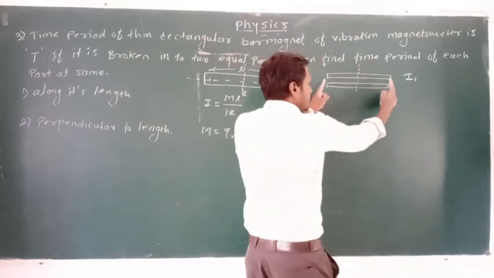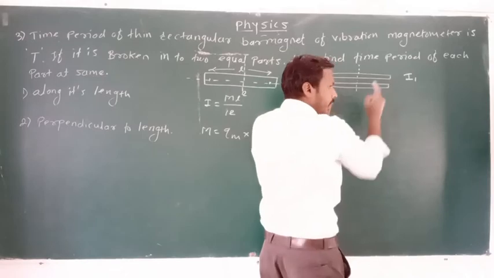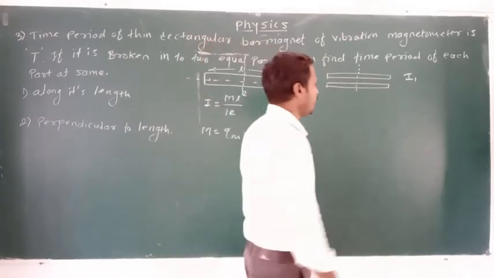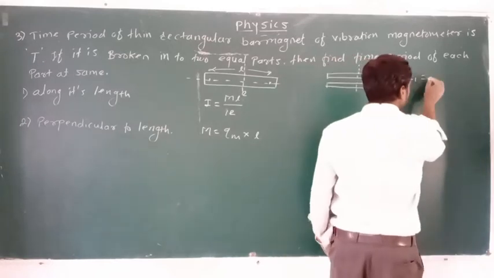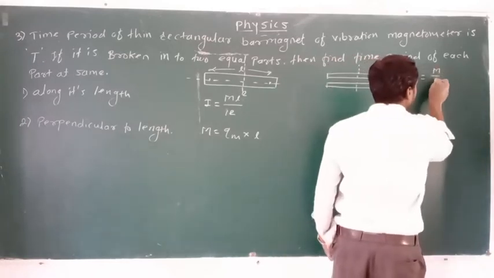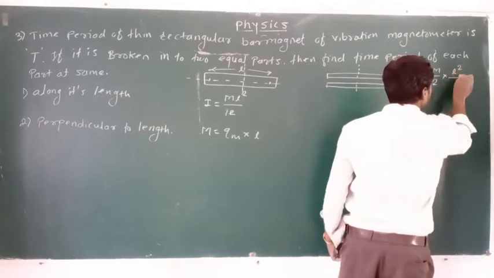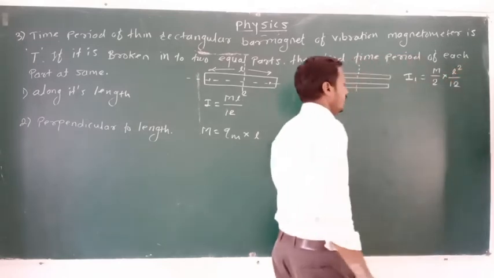The distance remains the same, but the mass is divided into two groups. Therefore I dash is equal to m divided by 2 multiplied by L square divided by 12.